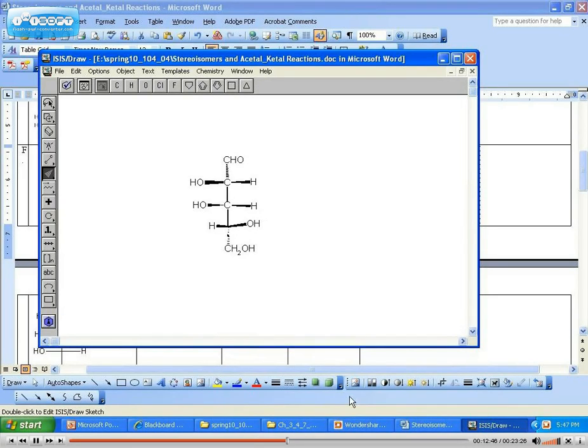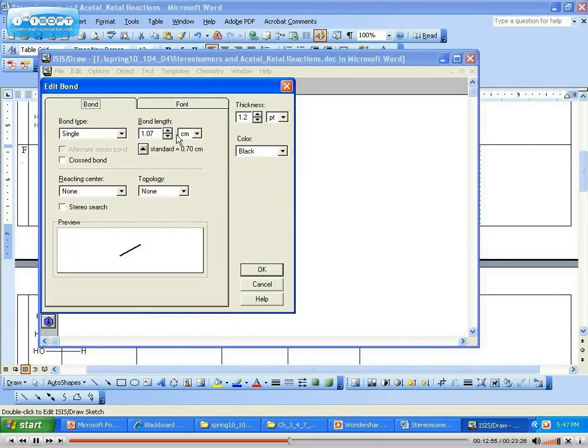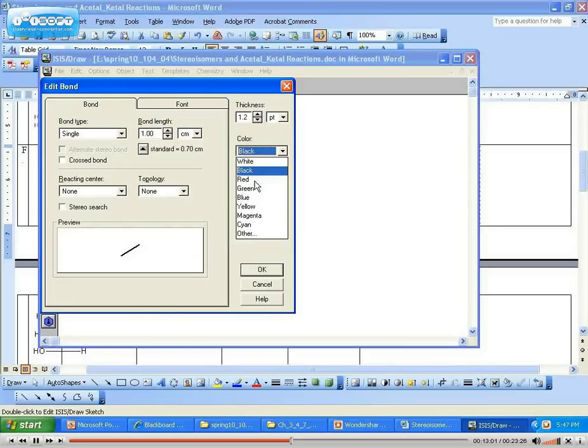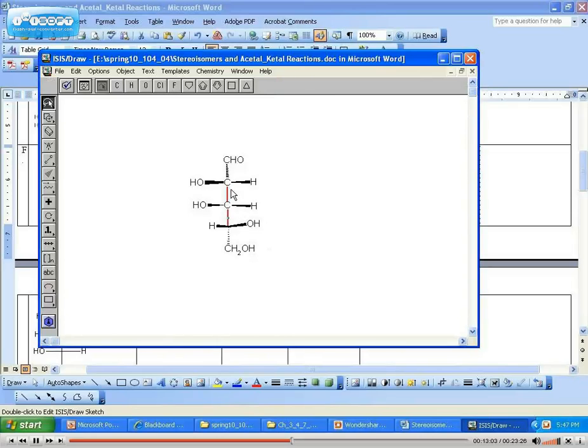Now we have a sketch in wedge dash form. Notice these central bonds, which I'll highlight in red, are actually just single lines. So this means they're in the same plane. So this is how we would write it.